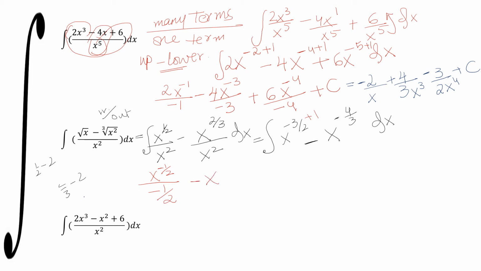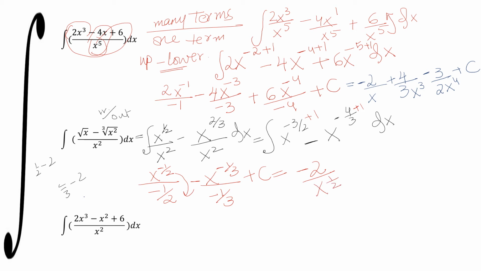Minus x to the power negative 4 by 3 plus 1 gives you minus 1 over 3, and divide by minus 1 over 3, and then plus c. Now just simplify it. 1 divided by negative half gives you negative 2. x has a negative power of half, so bring it down to make the power positive. It means x to the power half.